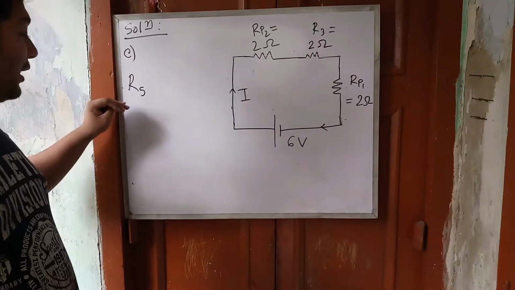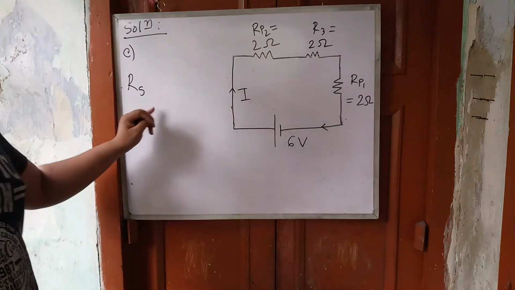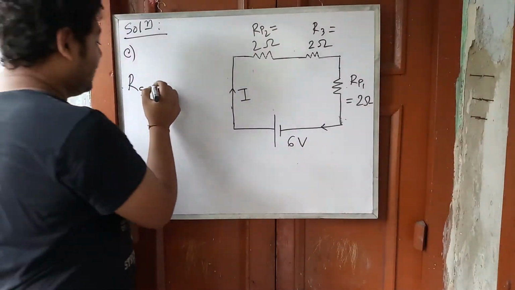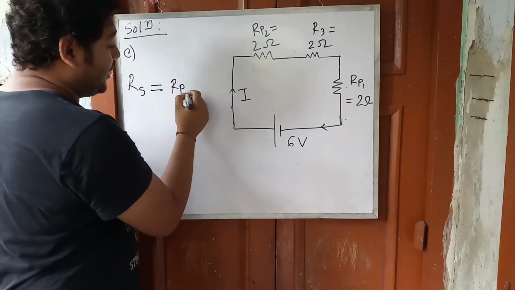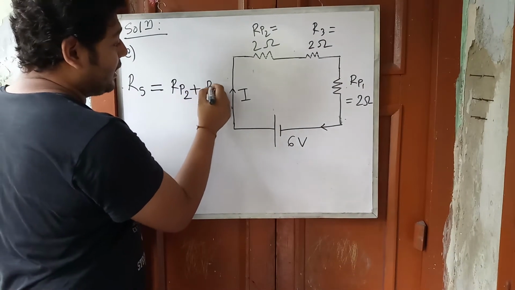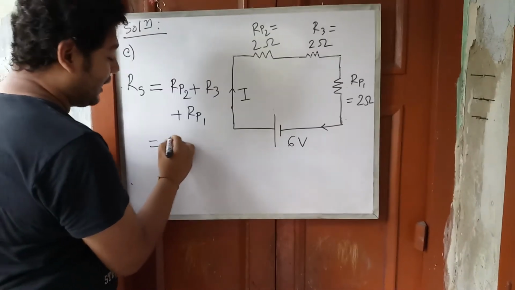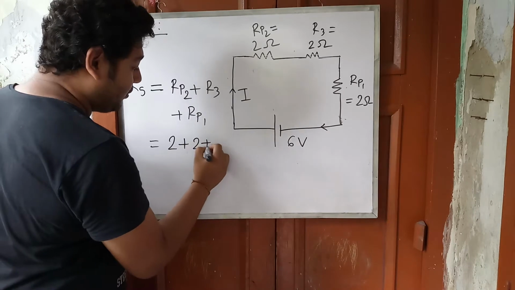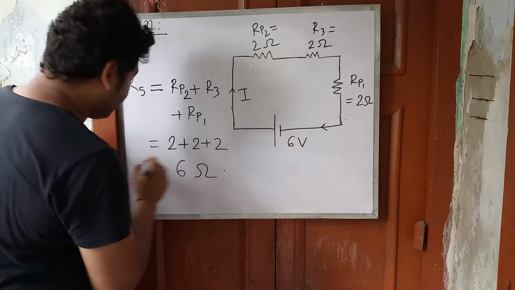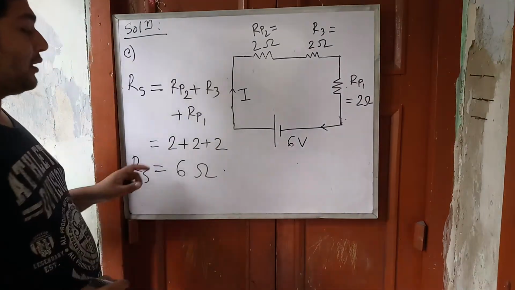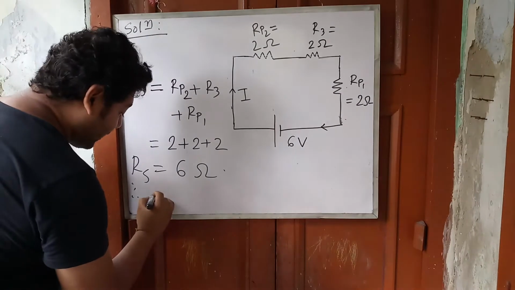So now we are calculating the final or the total equivalent resistance of this circuit, and that will be Rs equal to Rp2 plus R3 plus Rp1. So we can write 2 plus 2 plus 2, then we can get 6 ohm. So Rs will be 6 ohm, and that is the final equivalent resistance.